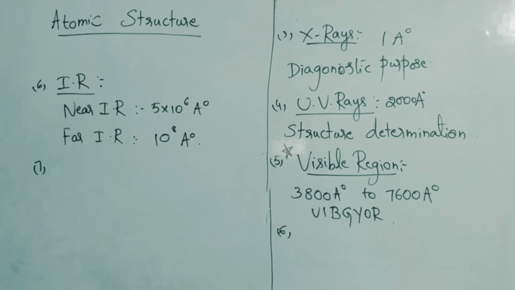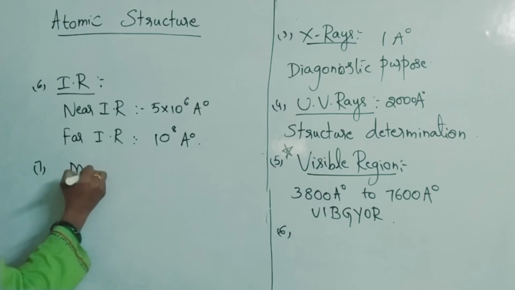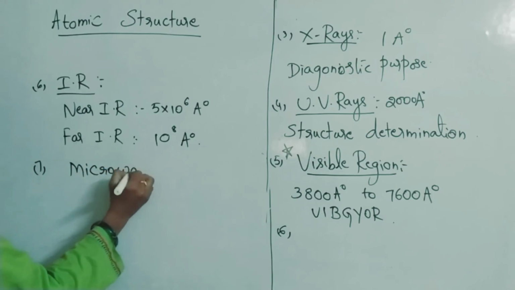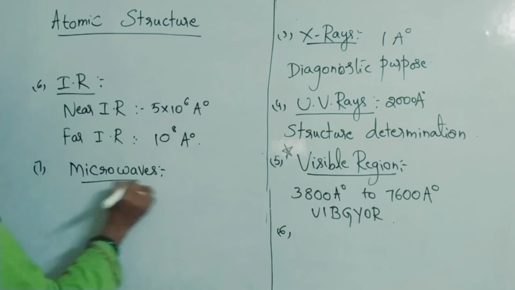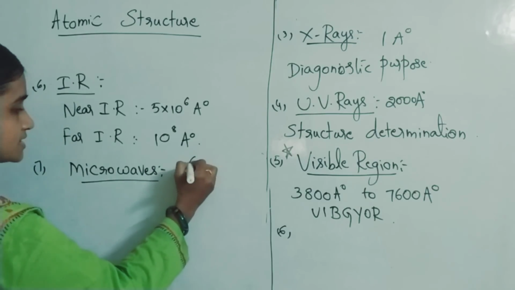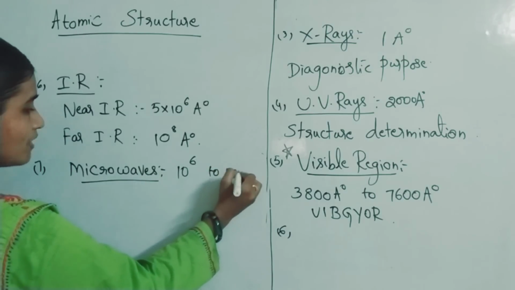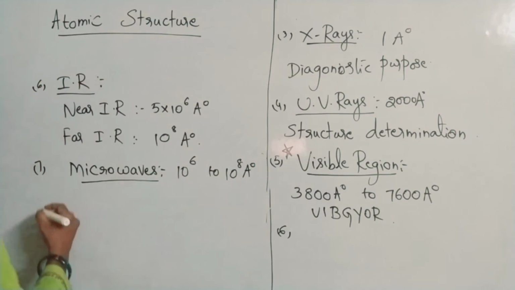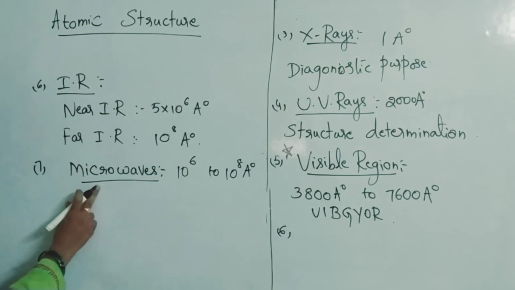Next, after infrared, we have microwaves. You all know microwaves are used in ovens. Their wavelength range is around 10 to the power of 6 angstroms to 10 to the power of 8 angstroms, and they are used in microwave ovens.